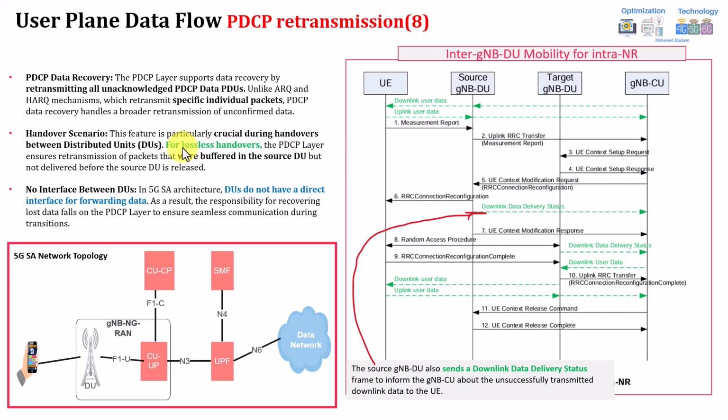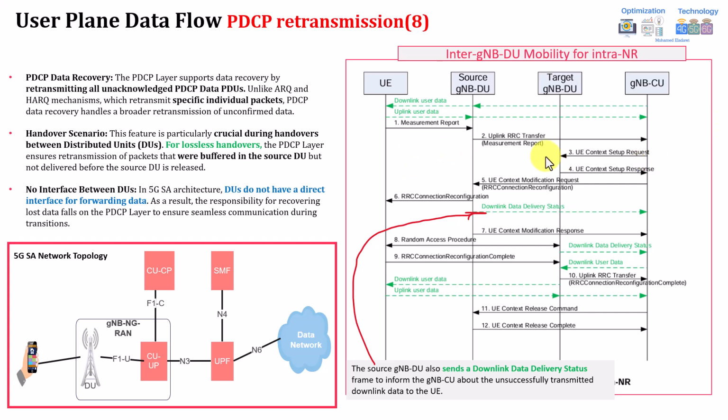If you read the specification, there is no interface between the DUs. So in the 5G architecture, you don't have a direct interface for forwarding the data. As a result, it is the responsibility of the PDCP layer to do the data recovery. As per the 3GPP scope of the PDCP, I'll be sharing the source at the very end of this session. The PDCP does something called data recovery, which is retransmission.